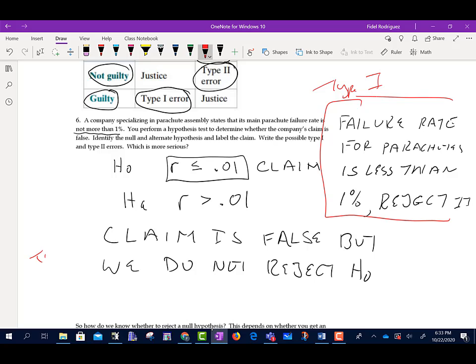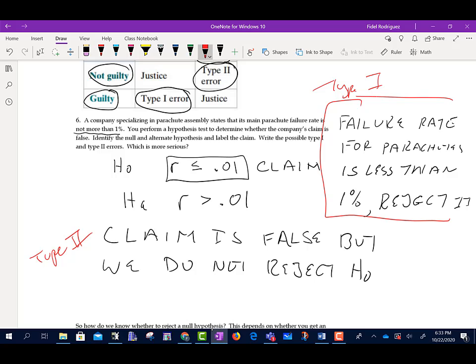Now, for a type 2 error, the claim is false. What does that mean? That the failure rate is actually greater than 1%, but we don't reject it. We don't think their claim was incorrect. So we decide to go skydiving, even though the failure rate on those parachutes is bigger than 1%. How much bigger? I don't know.